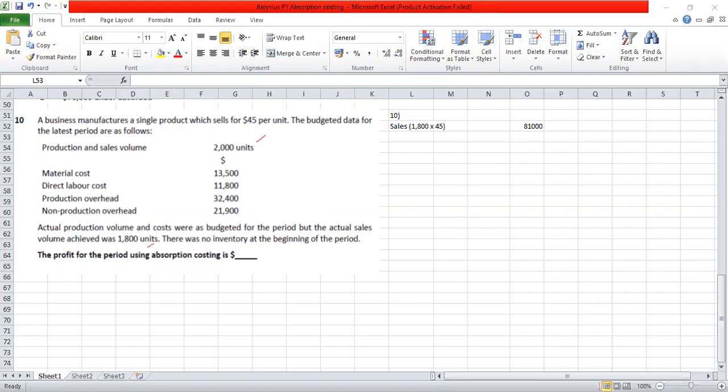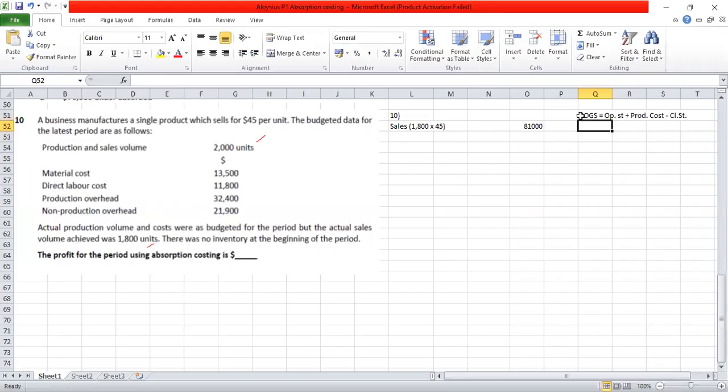So cost of goods sold is equal to opening stock plus the production cost minus the closing stock, the value of closing stock. This is the equation. So what should we do? No opening stock. So there is one production cost, one closing stock. Only two items are there.